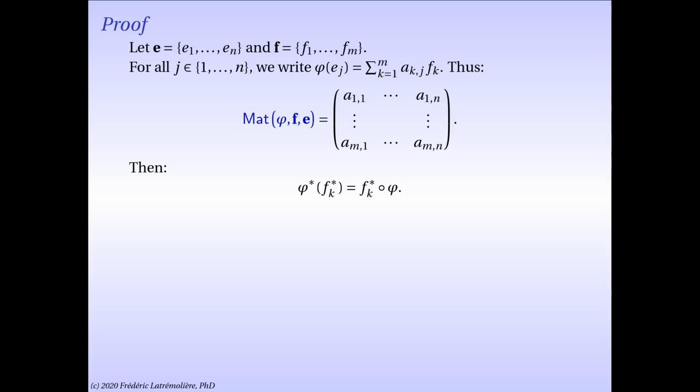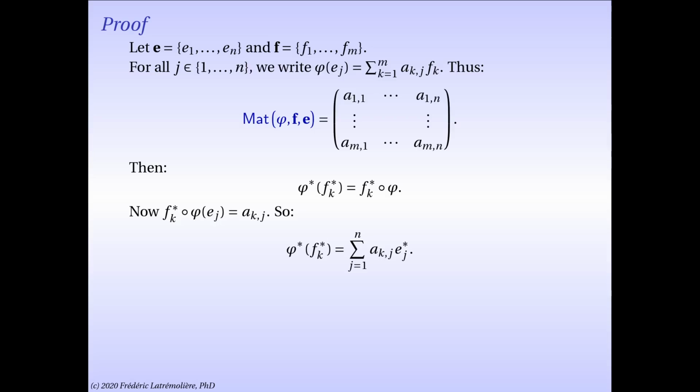Now, by definition, phi star at f star sub k is f star sub k composed with phi. Now, f star k composed with phi at e sub j is by construction the scalar a kj, that is, the kth coordinate of phi of e sub j in the basis bold F. So we can write phi star at f star k on the basis bold E star.